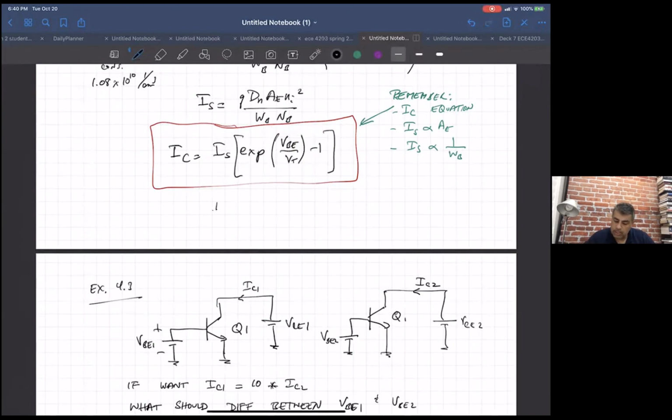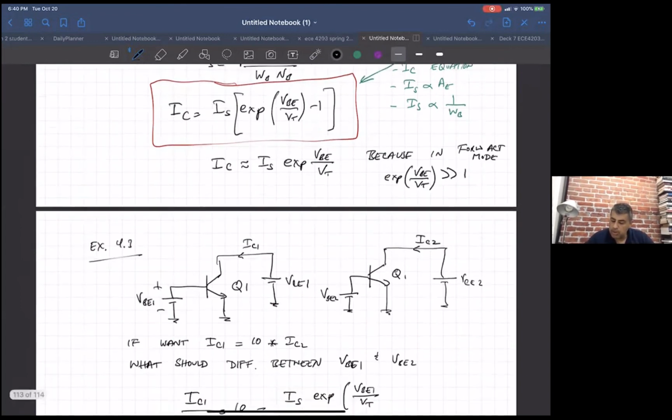So I sub C is approximately I sub S exponential of VBE over VT in forward active mode, because the exponential of VBE over VT is much larger than 1.